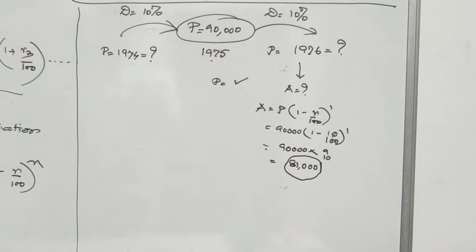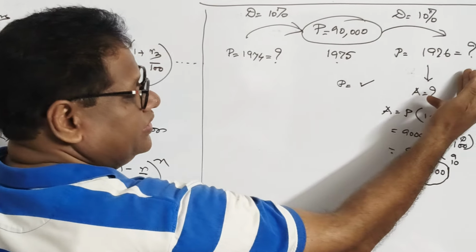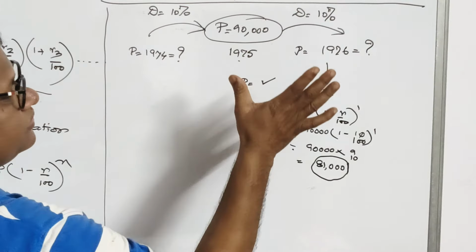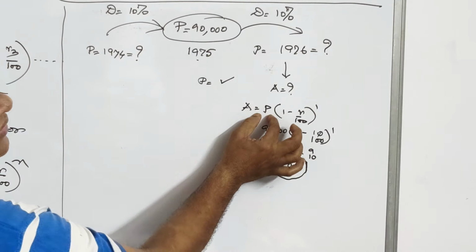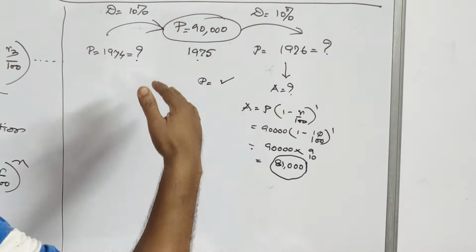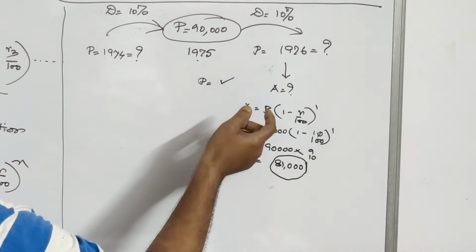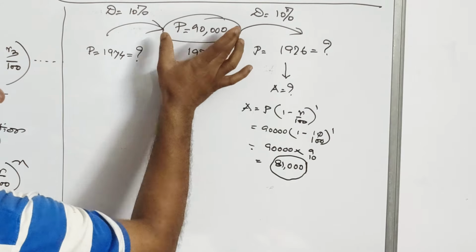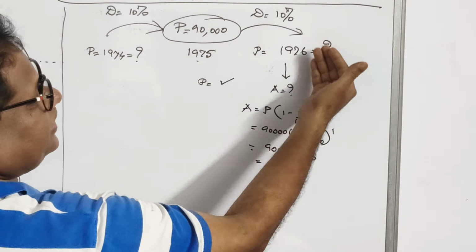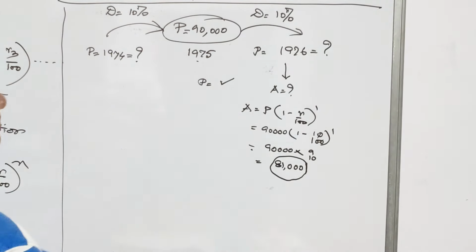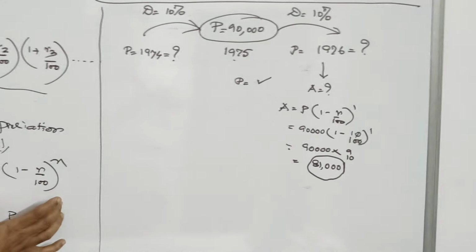Once again I am repeating, for finding the amount after 1 year in case of depreciation, we have taken the population 1975 to be the principal and what it becomes after. See, amount always comes after principal, so that is how we are considering. For the second part, when you want to find the population in 1976, a year after that, we have taken the question for depreciation as we have worked out here.